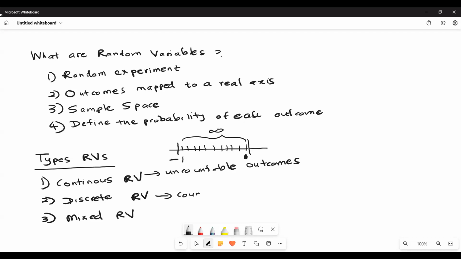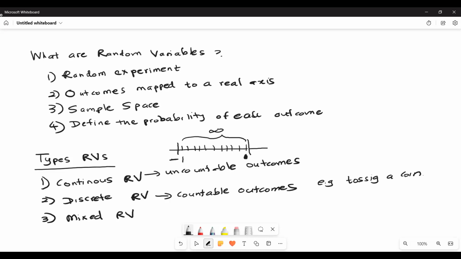Then we have countable outcomes for discrete random variables. So we can count the number of outcomes for discrete random variables. For example, take an experiment with a discrete random variable, like tossing a die or tossing a coin.